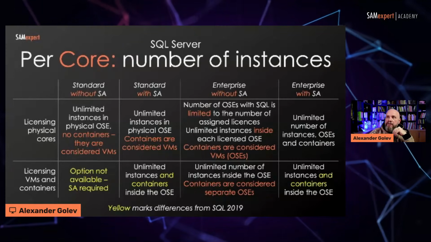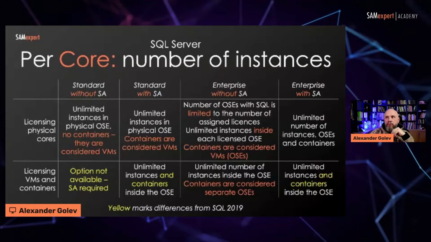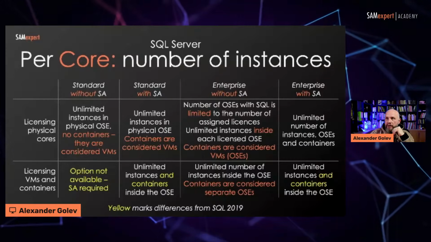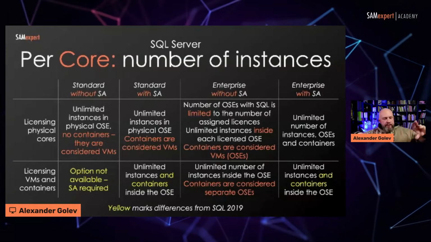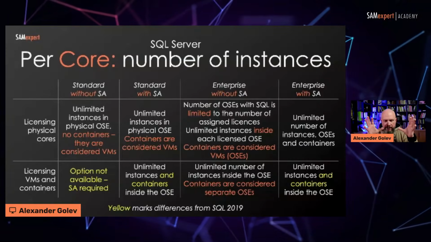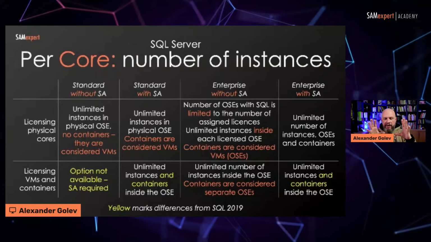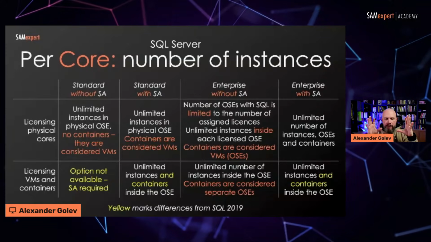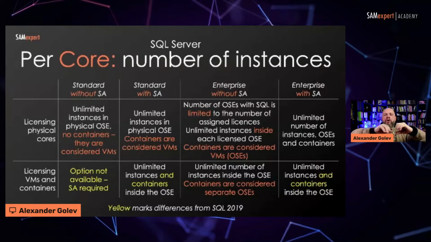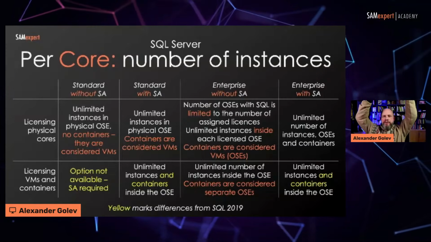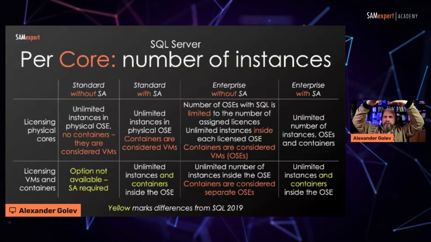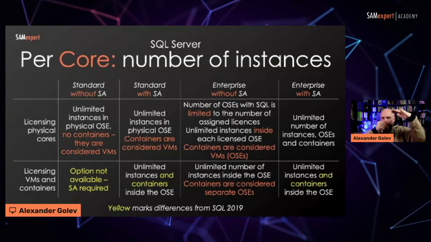So, SQL Server Enterprise without software assurance. Let me start backwards. SQL Server Enterprise is usually pitched by Microsoft like this: license every core on the physical host, and then run an unlimited number of virtual machines and containers on the physical host, for both Enterprise and Standard.